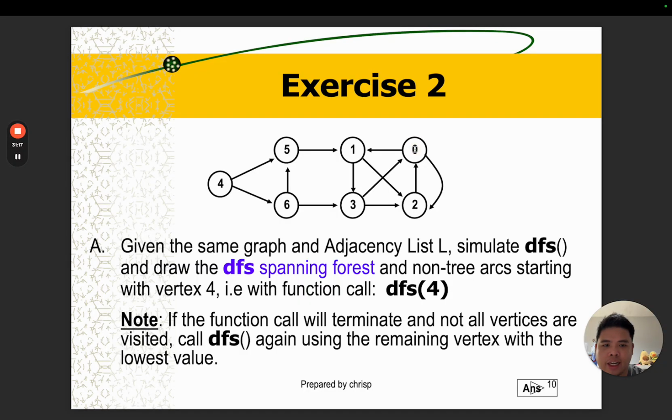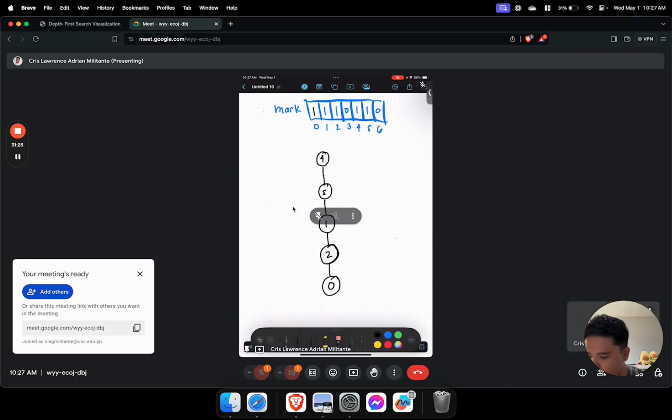I'm now here. My adjacent vertices are 1 and 2. First let's check 1 because it's smaller. Is 1 already visited? Yes, it is. So that means I have a broken arc going from 0 to 1.